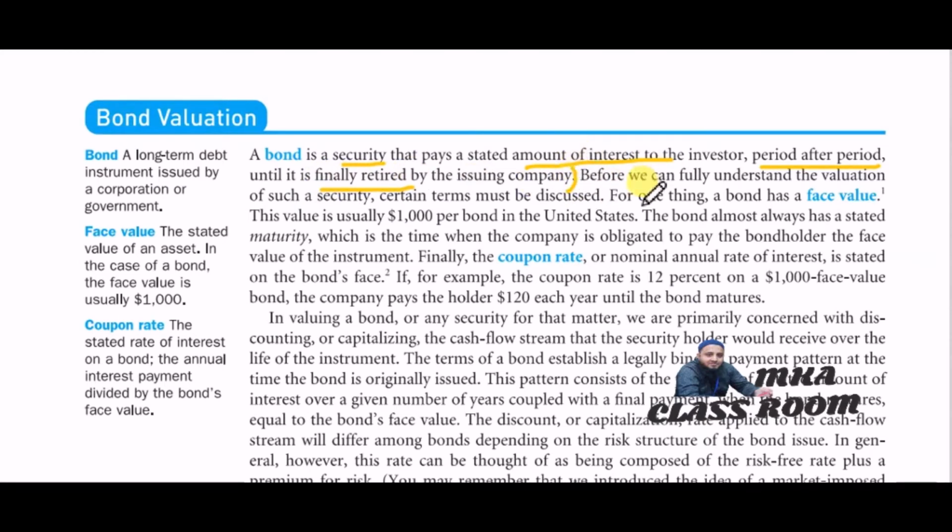So it is clear that a bond is a security that provides interest to the investor period after period until maturity, or until it is finally returned by the company.